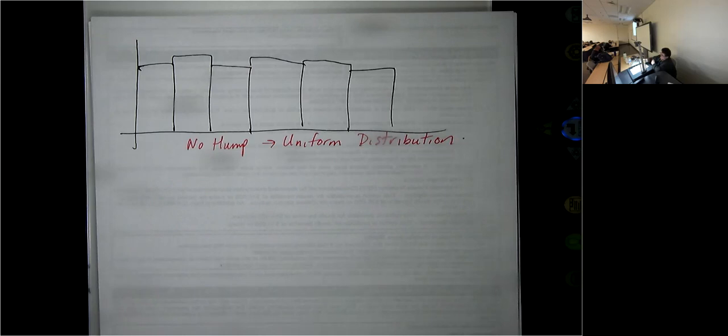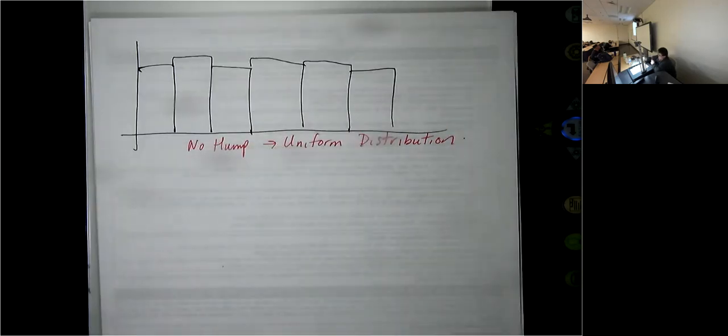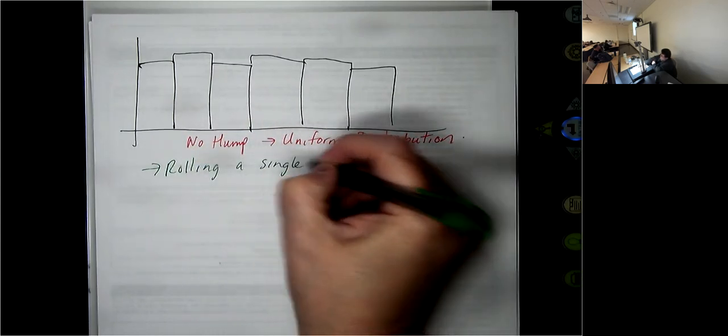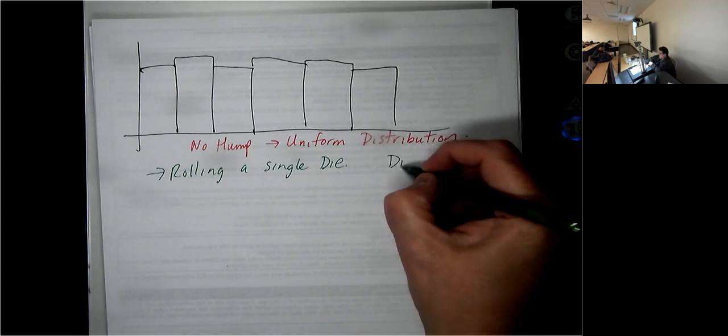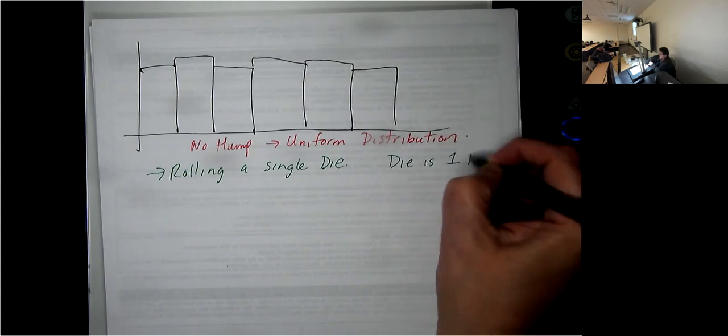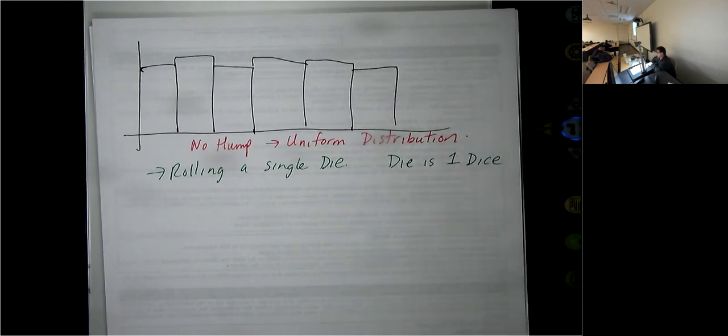So where does this happen? Like with rolling a single die. Die is singular, it's one dice. Most people say dice and don't know that die is singular.